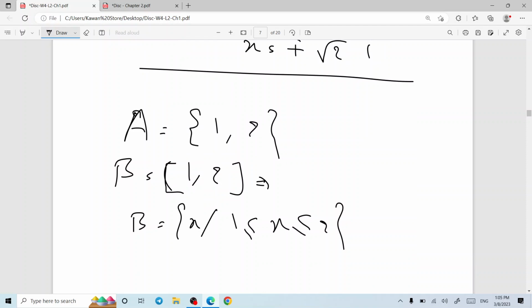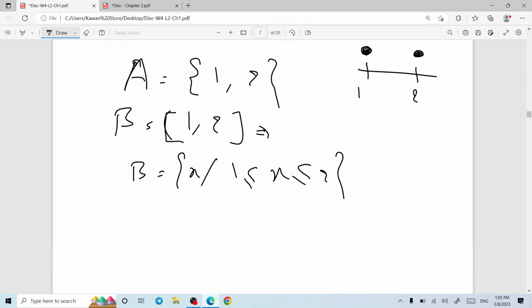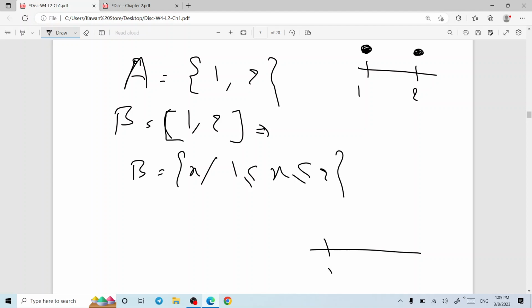In the first one, we are dealing with only the single numbers 1 and 2, just those. But here, how many numbers are we talking about? Infinite, as he said. Because we have 1, 1.1, 1.999 till 2.